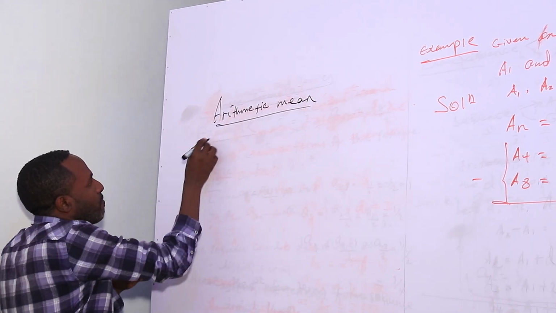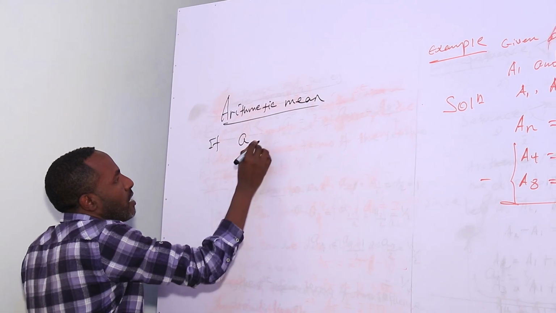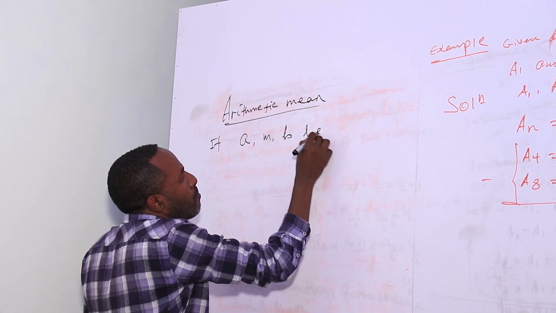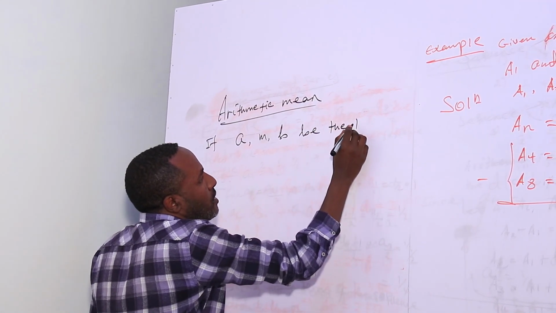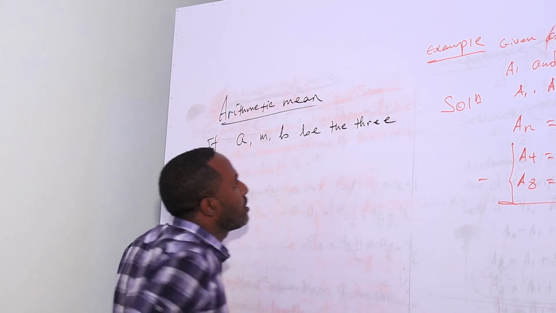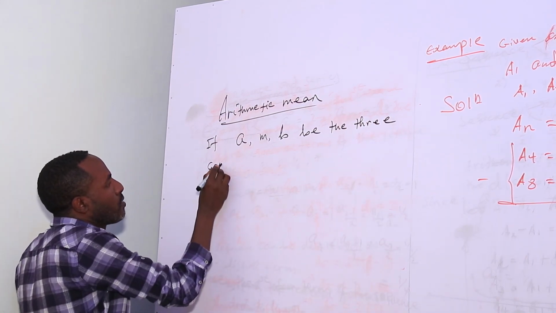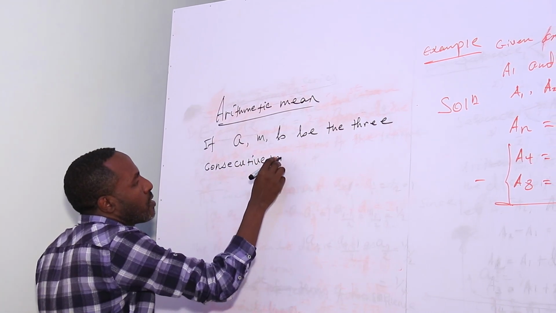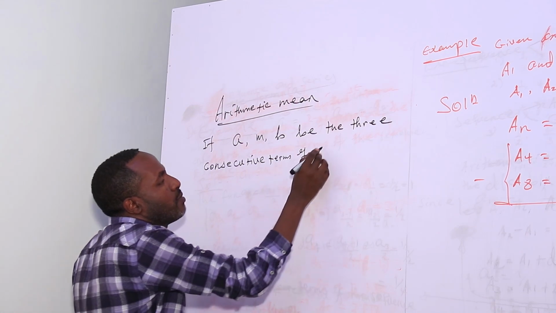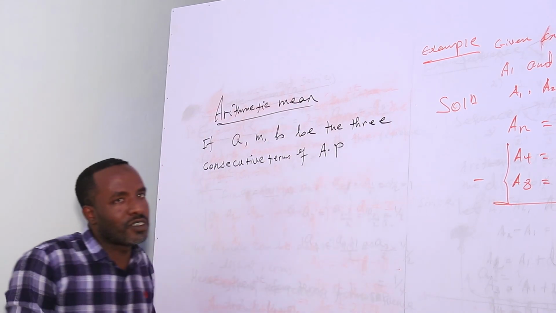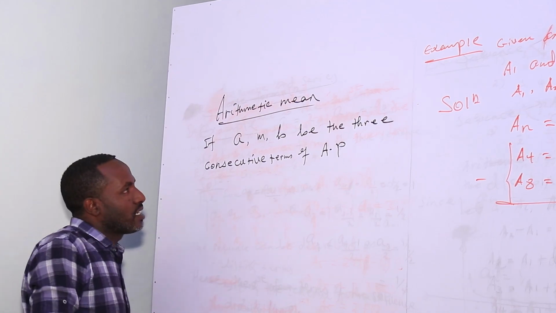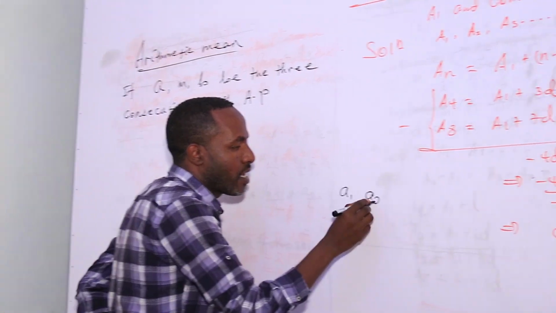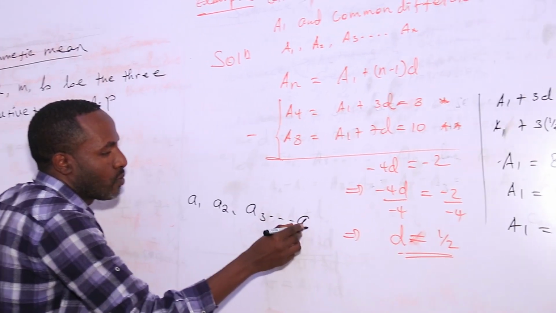So if we say A, M, and B, these three consecutive terms of an arithmetic progression, then by definition, we can say A1, A2, A3, and up to AN.